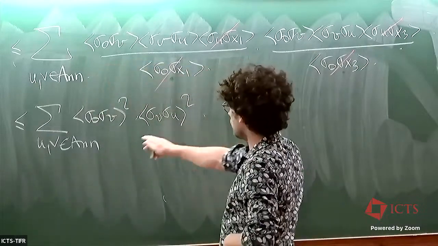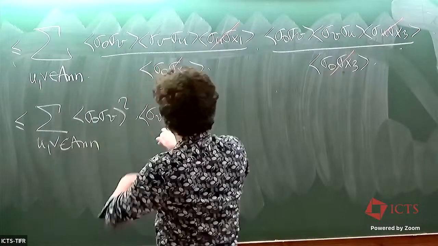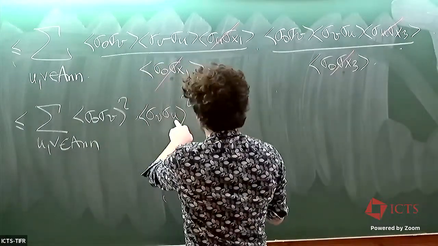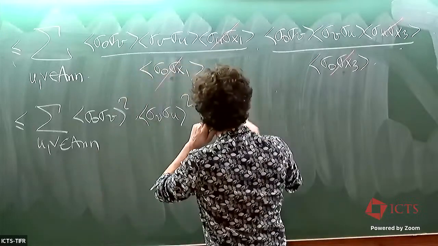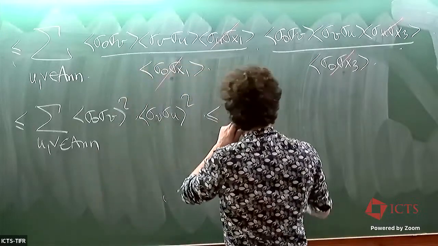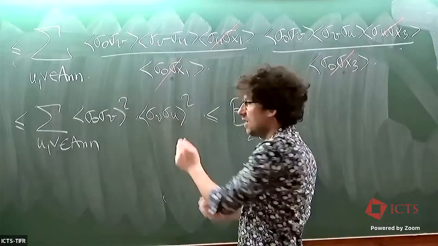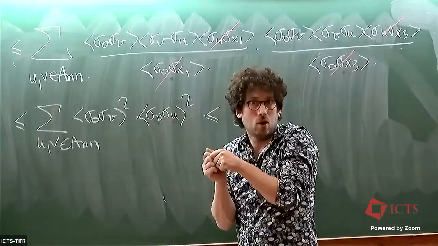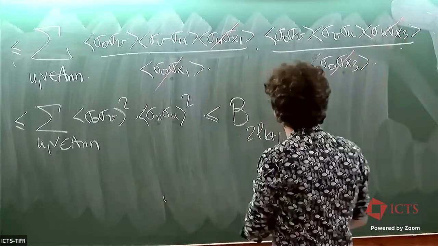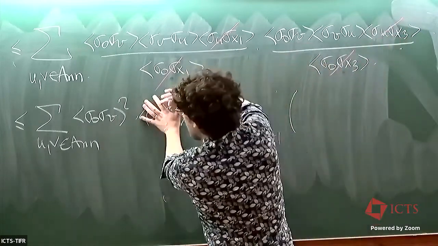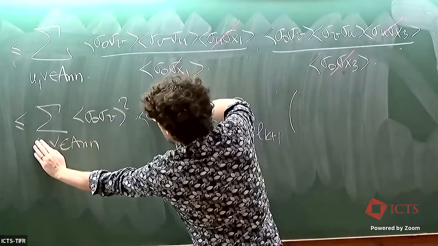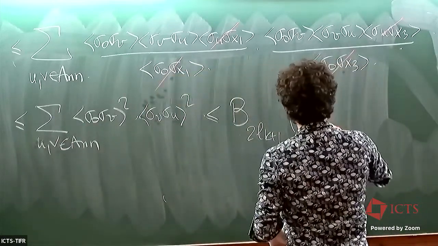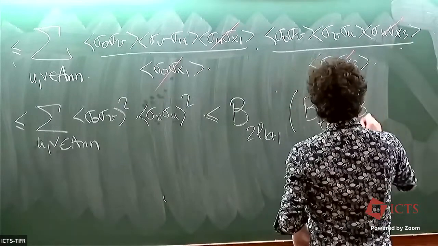And now when you do the sum, you sum over V first, over U first. So when you sum over U, you are going to get B of 2 l_k plus 1. You are summing the squares, and the distance between V and U can be as small as 0. That's possible, but it can be as big as 2 l_k plus 1. And then for the first guy here, if I just sum over V, V is in the annulus, so I get B l_{k+1} minus B l_k.